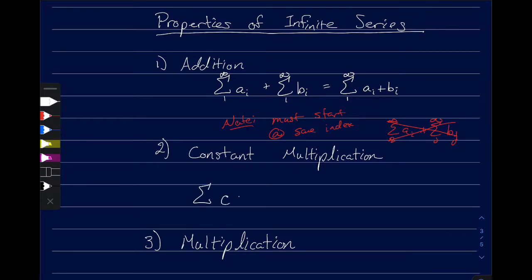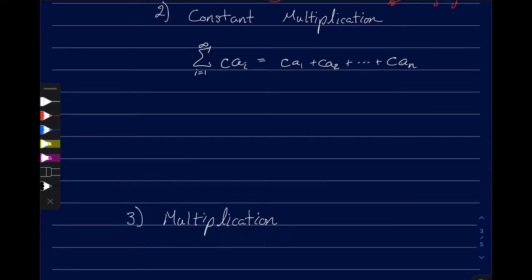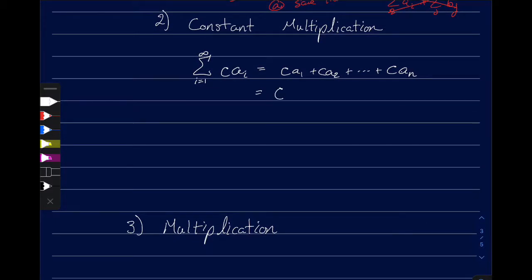The second property that we have is constant multiplication. So if we have some c times a sub i as i ranges from some starting point to infinity, that's the same as ca1 plus ca2 plus and so on to can. And what we can do here is we have a common factor of c, so we can pull that out.